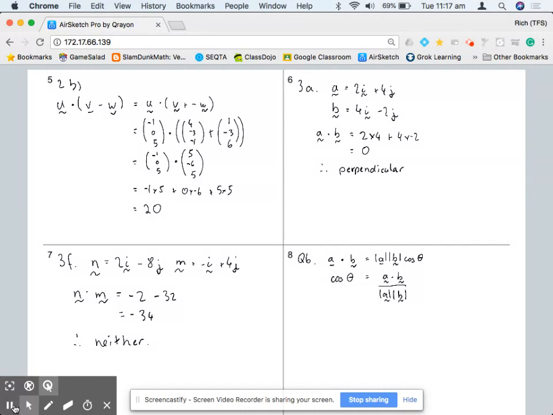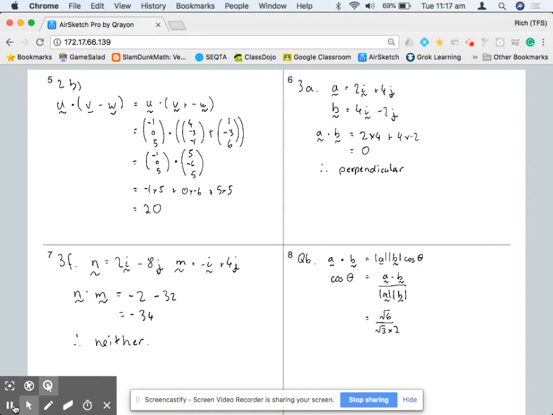Now you are told that the dot product of a and b is root 6, so I can substitute that straight in. The magnitude of a is root 3, and the magnitude of b is 2.